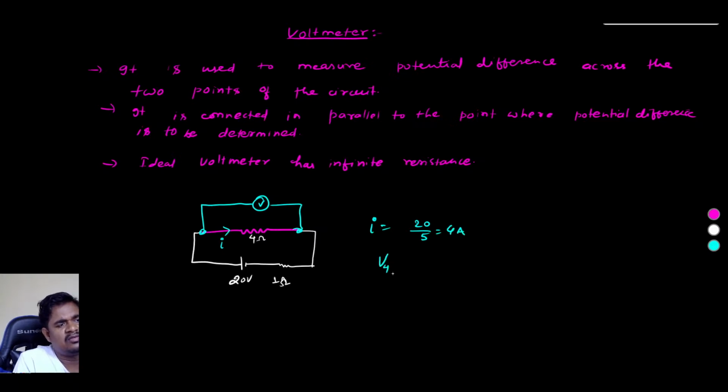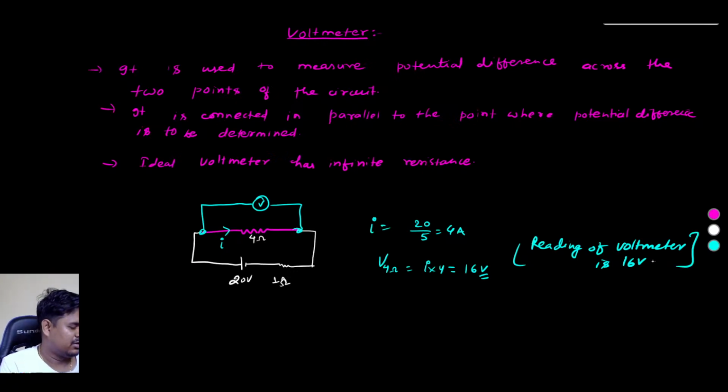So V across 4 ohm, I will be writing I into 4, that is 16 volt. So the reading of the voltmeter is 16. This is the case for an ideal voltmeter.